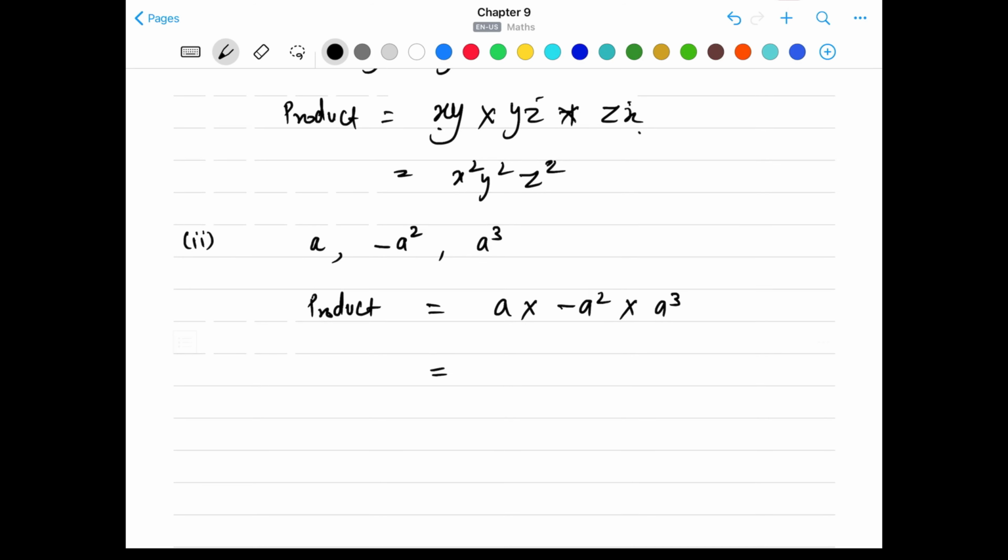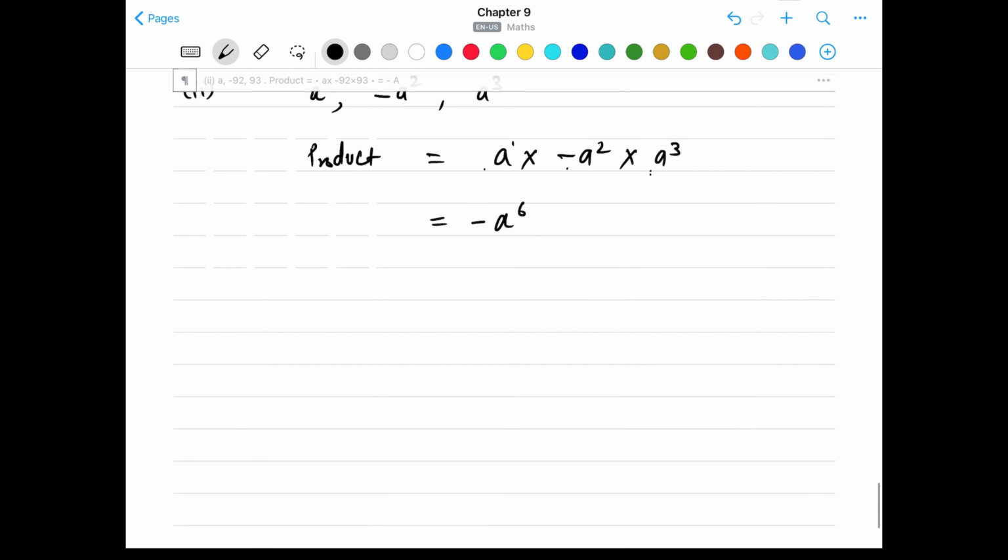Here we don't have any constant number, but we have the variable. So the common variable here is a, and I will add the powers. So we have 1 power here, 2 here and 3. This will become power 6. Since this one is with a minus sign, this one is plus and plus, so plus plus will become plus and plus minus will become minus. So the answer is minus a power 6.